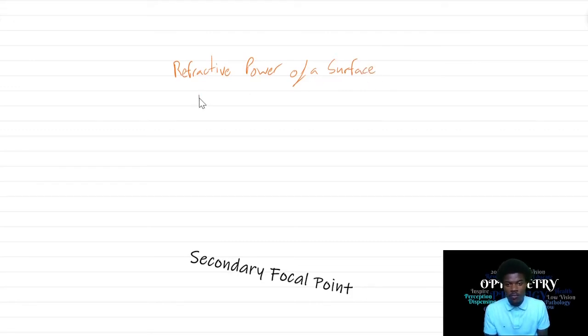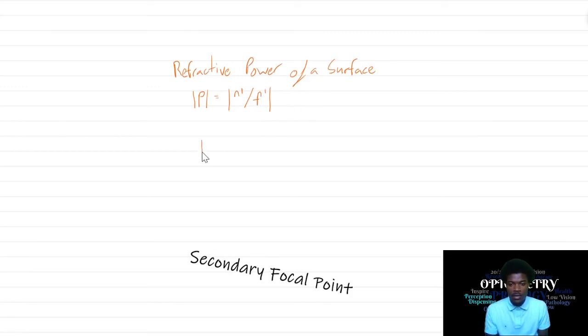So we have P, or rather the modulus of P, and to get that we need the refractive index of the medium, so n prime, and we also need the focal length, or the secondary focal length of, so basically the secondary focal point to the refractive surface.